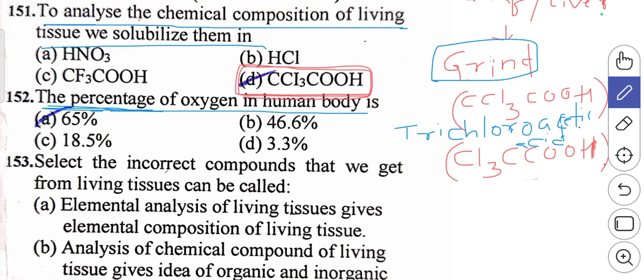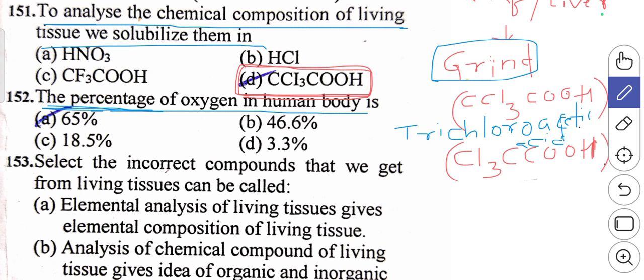In this biomolecules chapter, all you need to do is the tabular part which is given in the NCERT. It is very crucial for NEET or KCET. Most of the questions will arise from these tabular columns which are given in the NCERT.